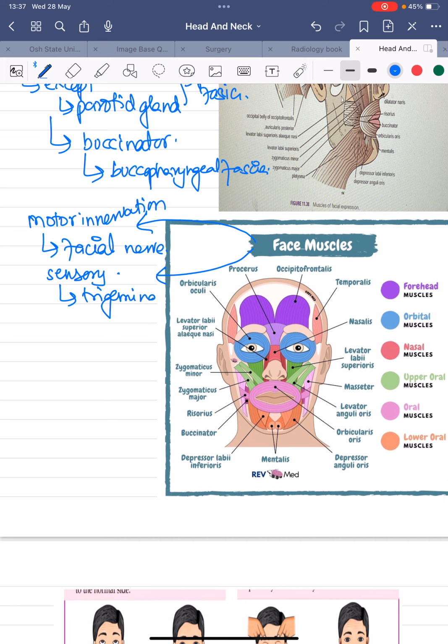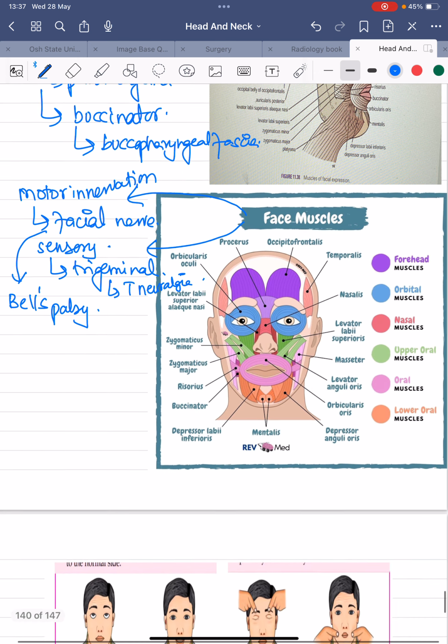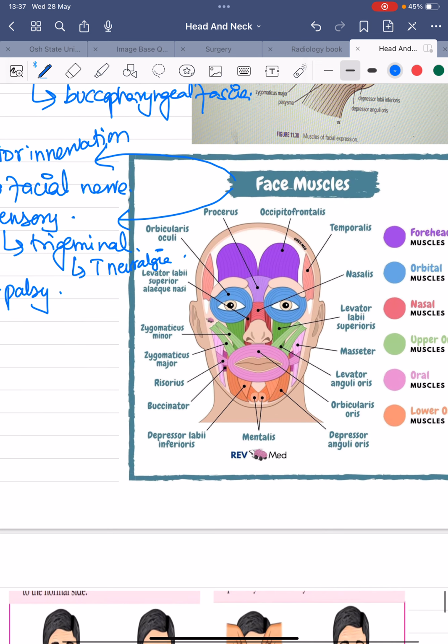For example, if a patient comes to you with Bell's palsy, you must know how to check the facial muscles. If a patient comes with trigeminal neuralgia, you must know some of the actions of the facial muscles. For example, the frontalis part of the occipitofrontalis muscle gives the action of surprise.